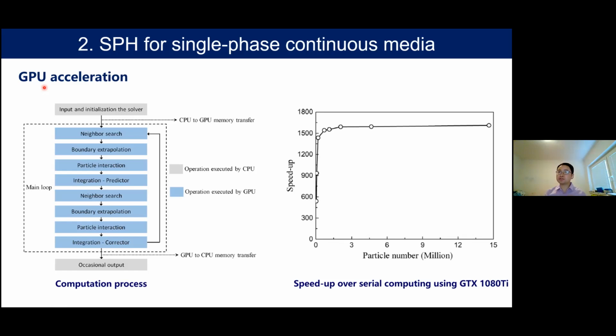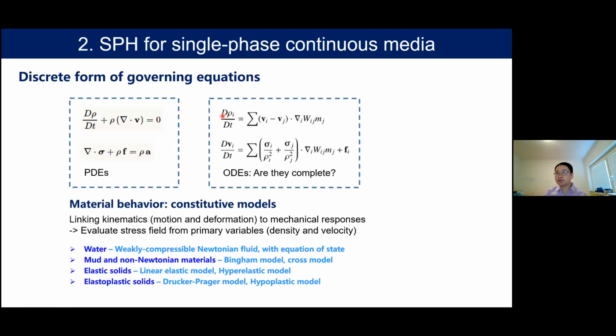And because SPH, you can say, is computed using an explicit method. Look at here. You are computing the density change and acceleration based on some already known variables or quantities, which means that the computation on each particle is independent.